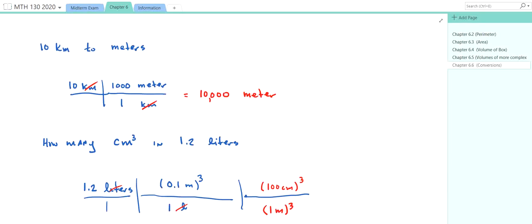So now this meter cubed cancels with this meter cubed. We're left with only centimeters. So what I have to do then is calculate 1.2 times 0.1 times 100.